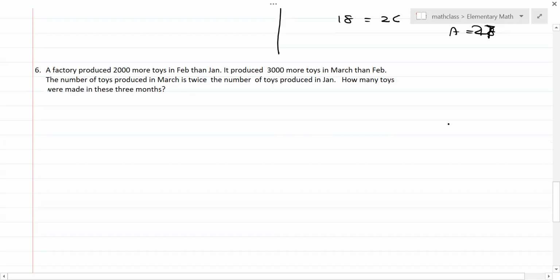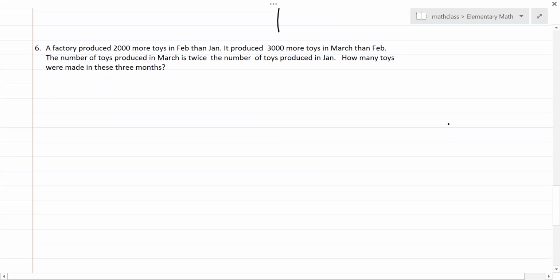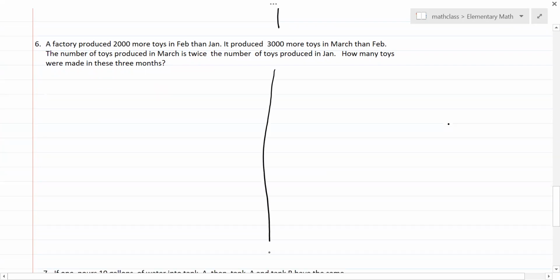I'll show you two different ways. Maybe you can use pictures. Let me use equations. Let's denote J as the number of toys produced in January, F in February, and M the number of toys produced in March.